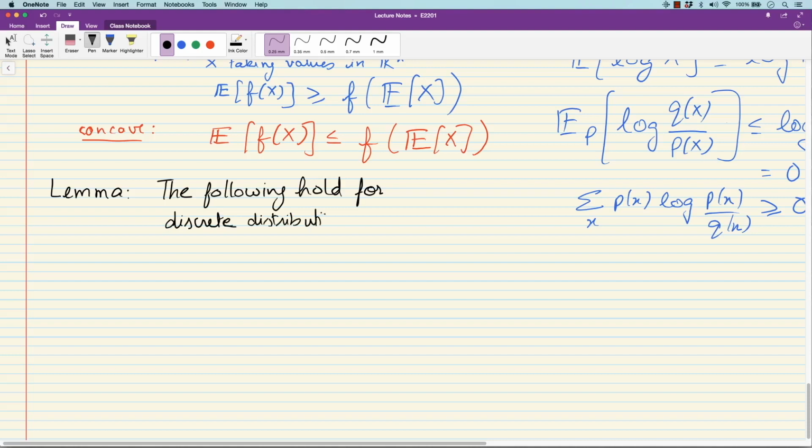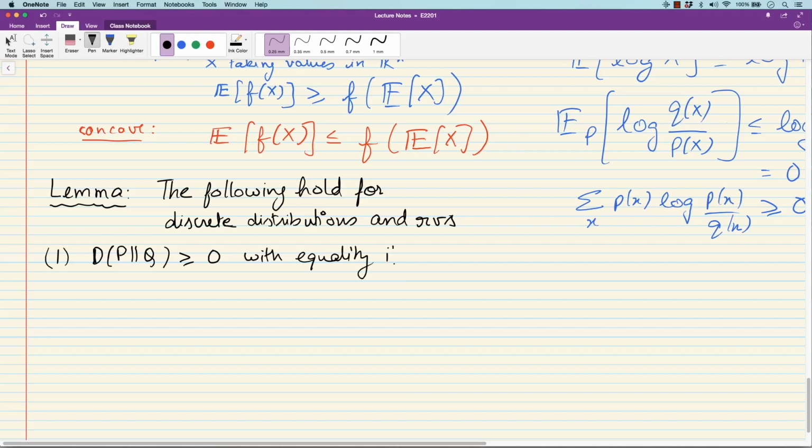In fact, it holds for any, but I'm showing it only for discrete and random variables, some short form. So there are three properties I'll claim. So the first one is D(P||Q) is non-negative, with equality if and only if P equals Q.